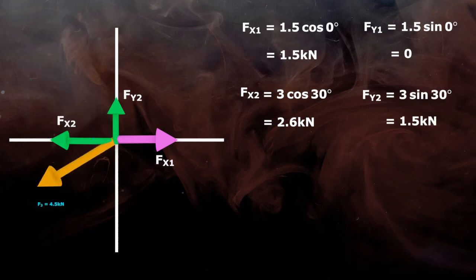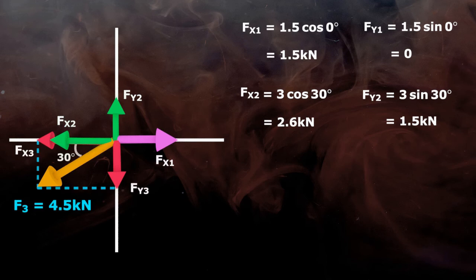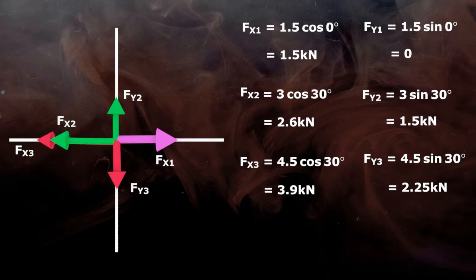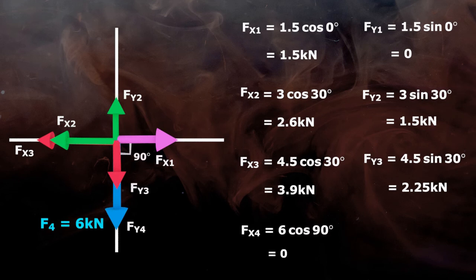Force F3 is equal to 4.5 kilonewton and it acts at a 30 degree angle to the horizontal. So Fx3 will be 3.9 kilonewton and Fy3 will be 2.25 kilonewton. Similarly, the 6 kilonewton force F4 makes 90 degree to the x-axis. So Fx4 is equal to 0 and Fy4 is equal to 6 kilonewton.